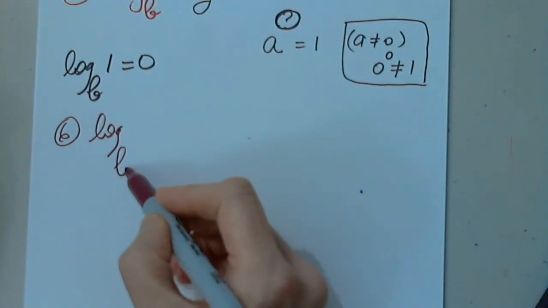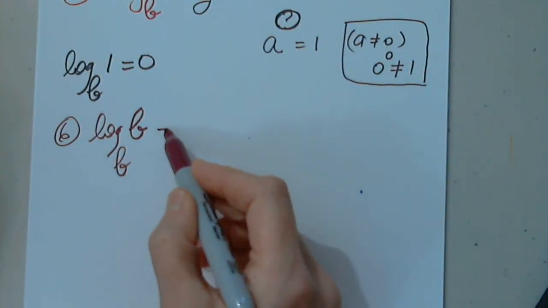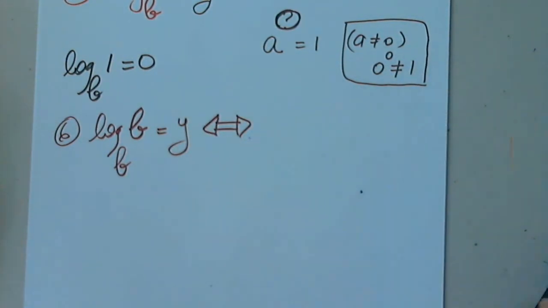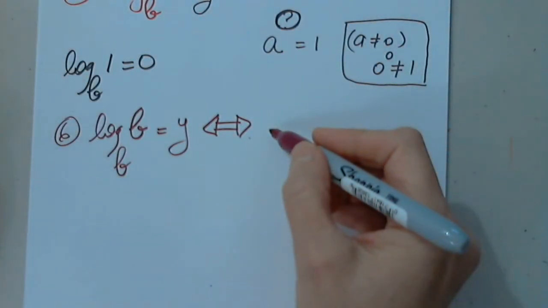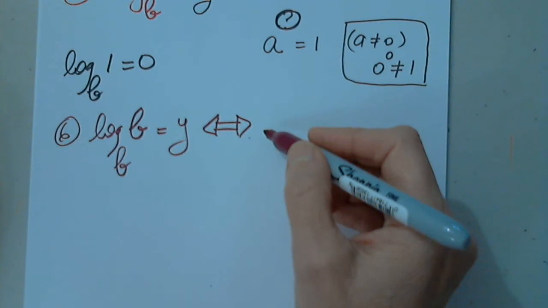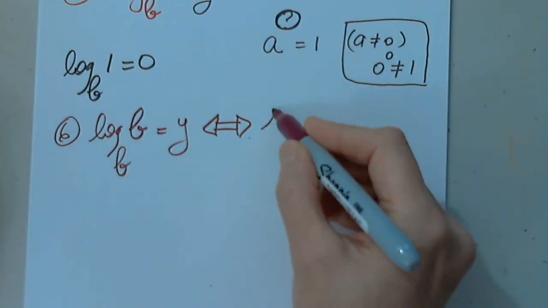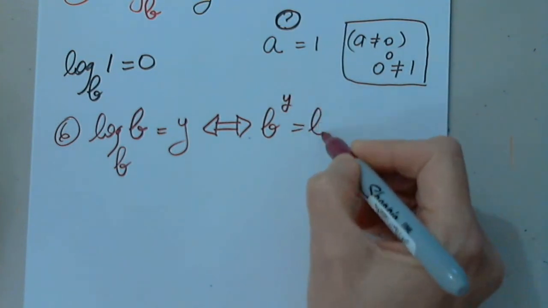Okay, property 6: log base b of b. You can say we have no clue, but we know how to change this into what? Anyone? b to the power of y equals b. Good, awesome. Thank you, Grace.